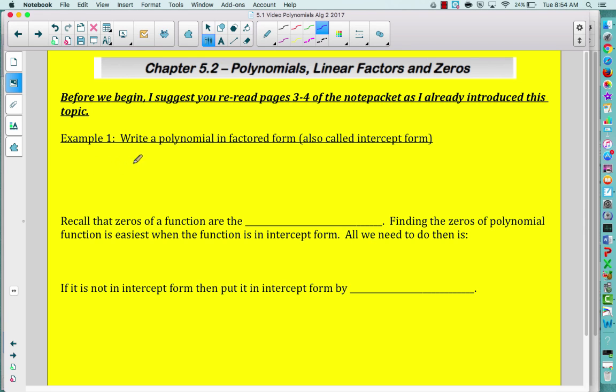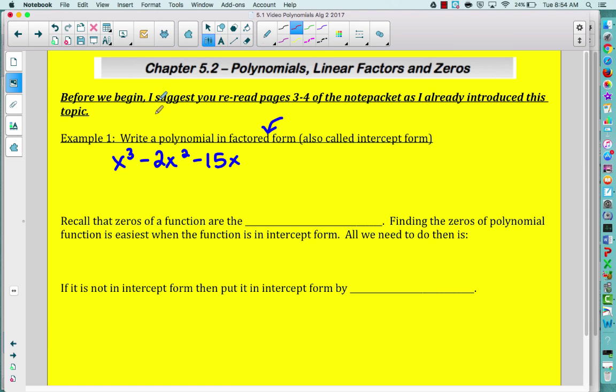And today we're going to talk about writing a polynomial in factored form. So if I give you the expression x cubed minus 2x squared minus 15x, let's remember that it's an expression because there's no equal sign, which means it can't be solved, but we certainly can write it in factored form.